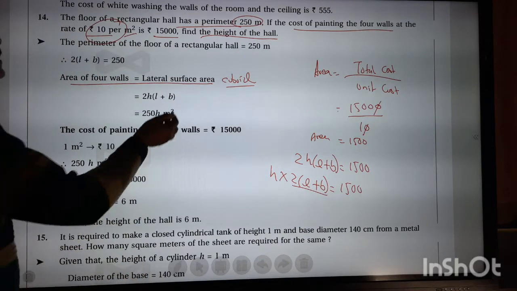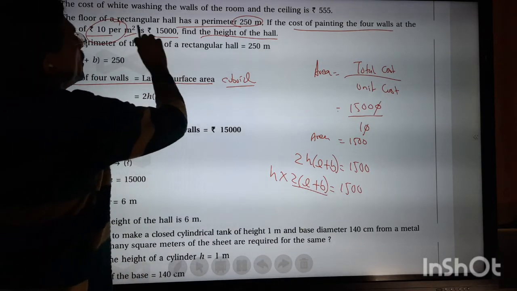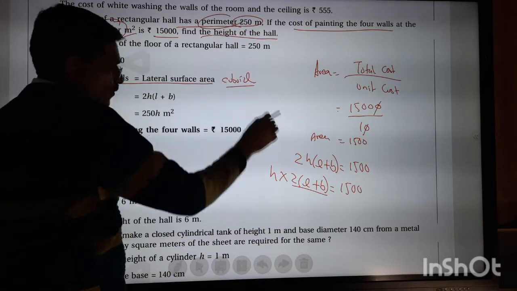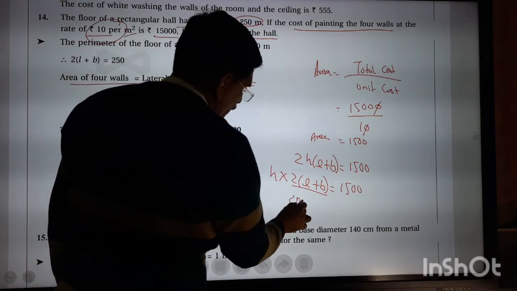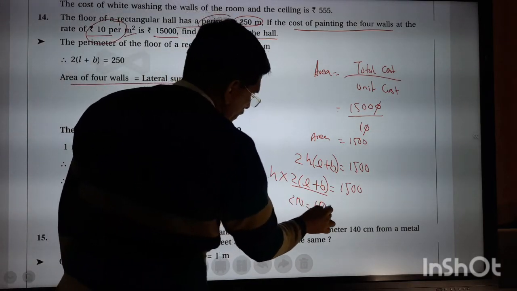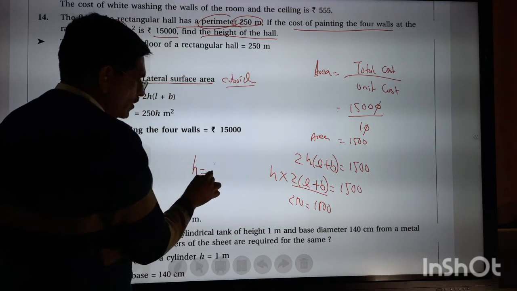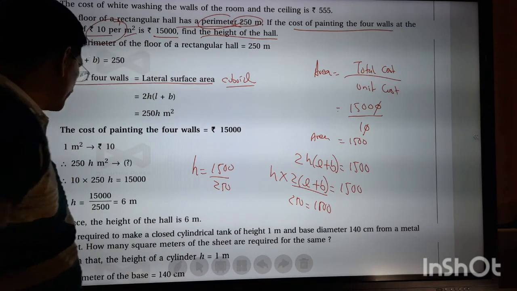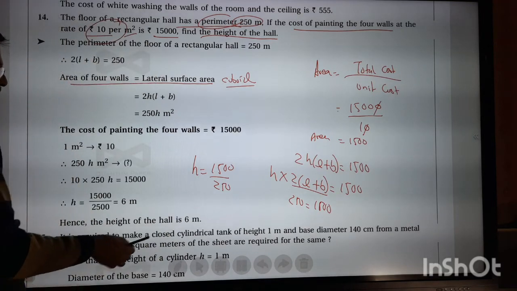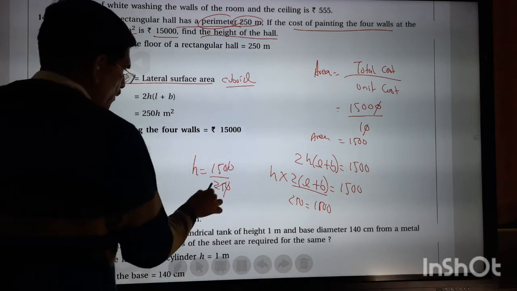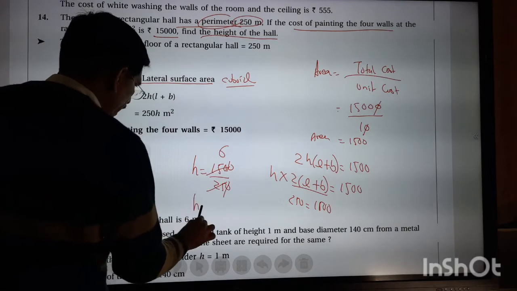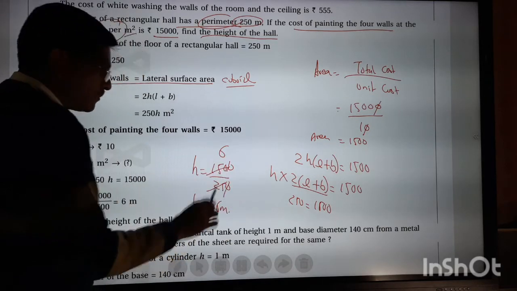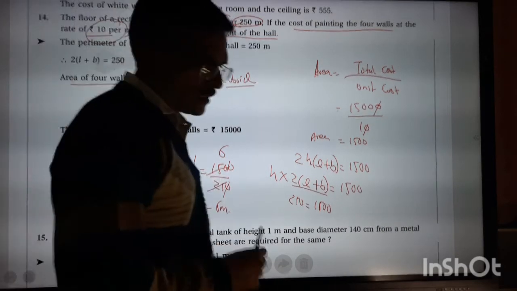That is called the perimeter. Here the perimeter is 250. So h is equal to 1500 divided by 250, which is 6. So height is equal to 6 meter. Write down this sum now.